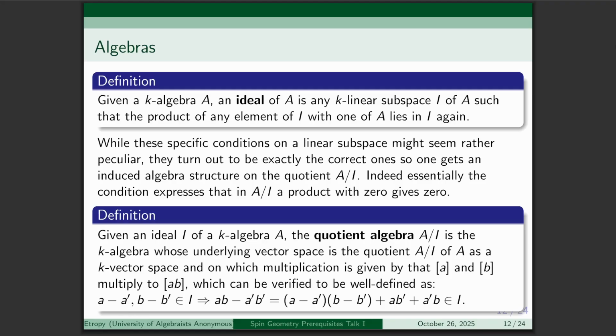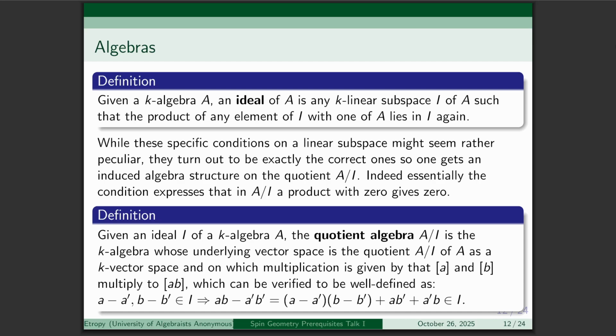In fact, you can note that it suffices to induce a bilinear multiplication. To see that it's well defined follows exactly from this condition. We can just translate everything to 0. So if you look at the very bottom of the page, let's suppose we want to verify that on the quotient we get a well-defined multiplication by just multiplying representatives and taking the equivalence class.